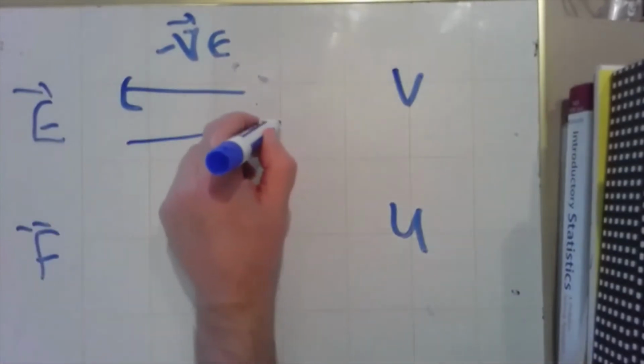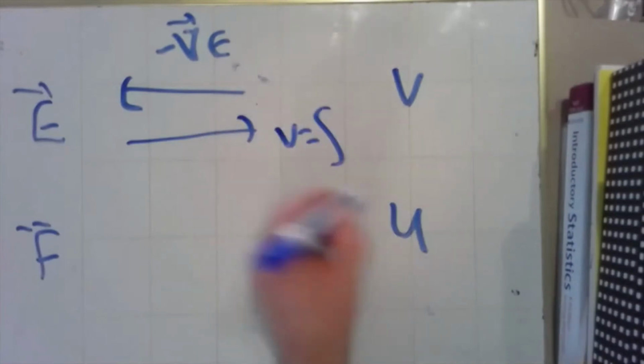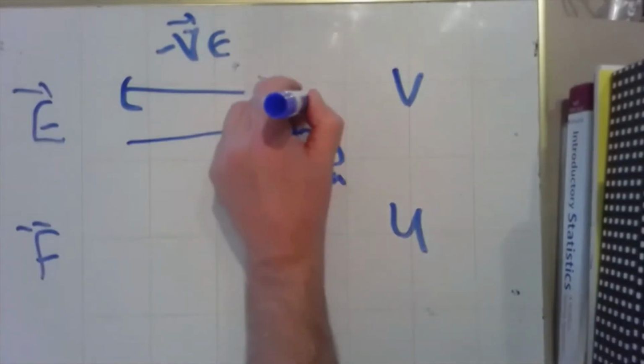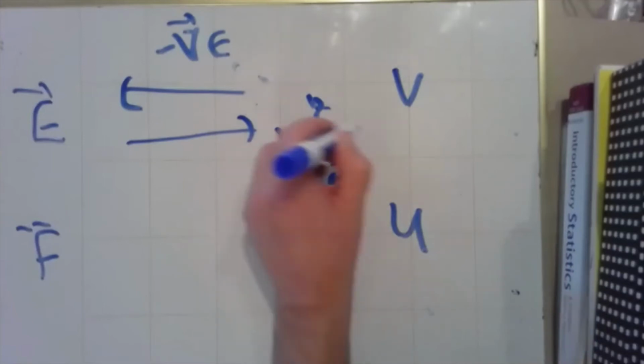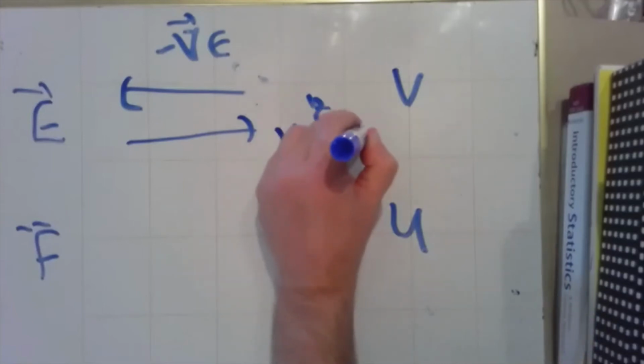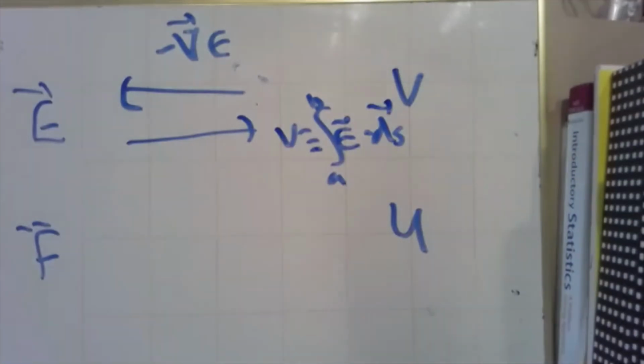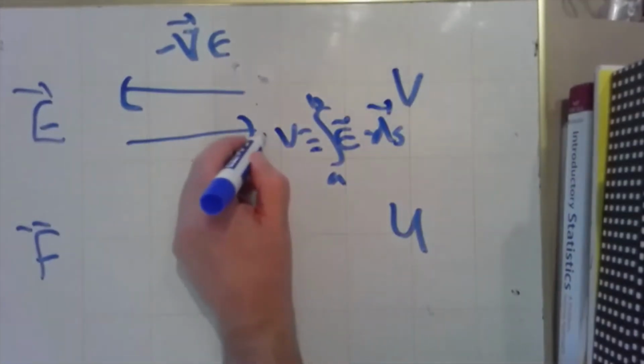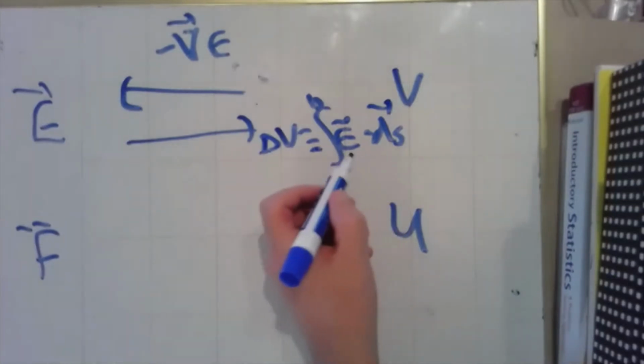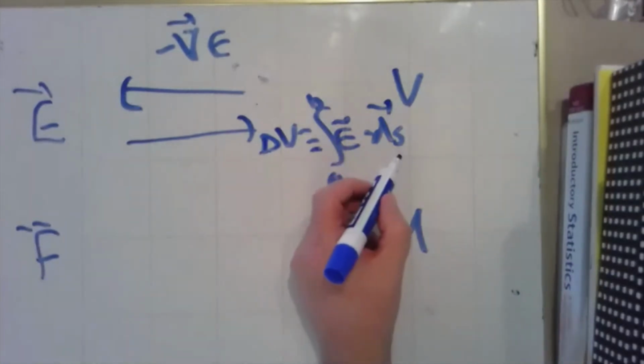So V would be the integral from point A to B, and there's a negative in there, of E dot ds. So a change in potential is just a line integral of E dot ds.